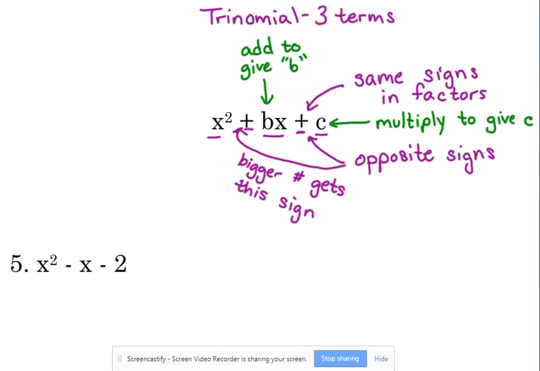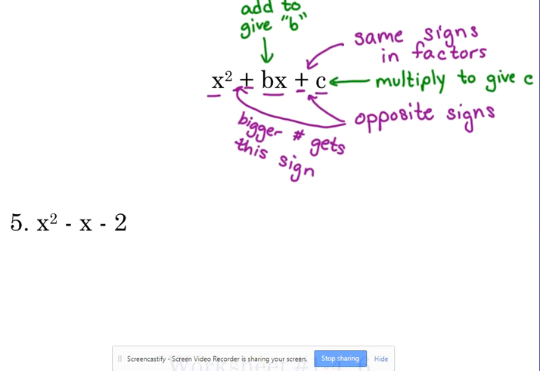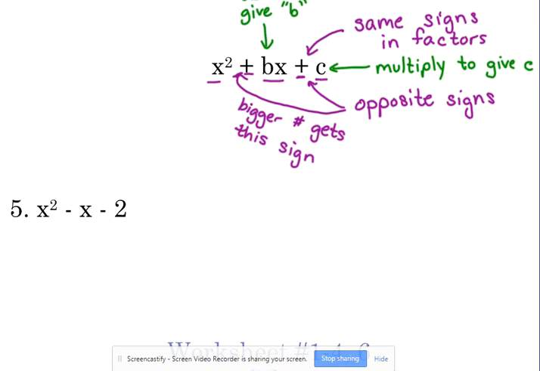You know this, you've been doing this, but I just want to make sure everybody's on the same page. Okay, so let's look, for example, at number 5.